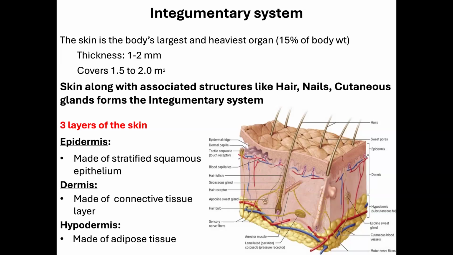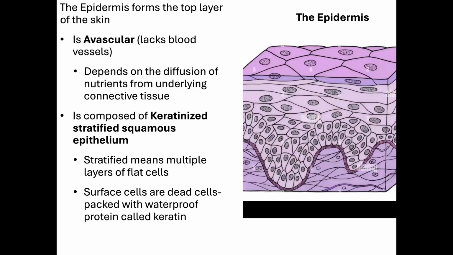So three layers: epidermis, dermis, and hypodermis. Epidermis peculiarity, avascular. Okay, don't forget that. How do they get nutrients? By diffusion. On the surface, you have this keratinized, stratified, squamous epithelium. What does that mean?